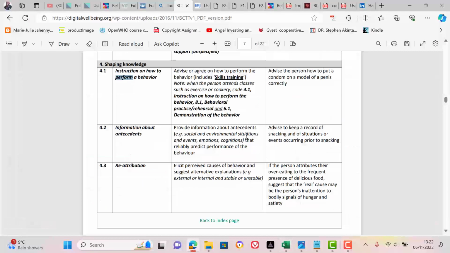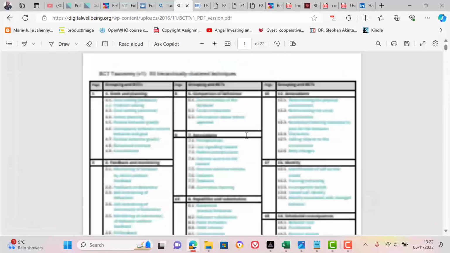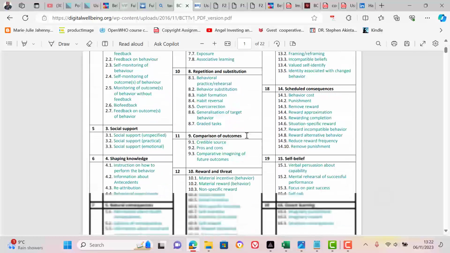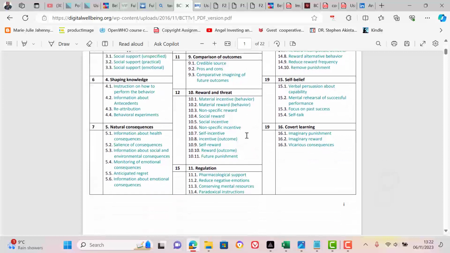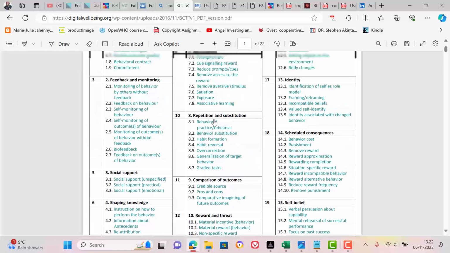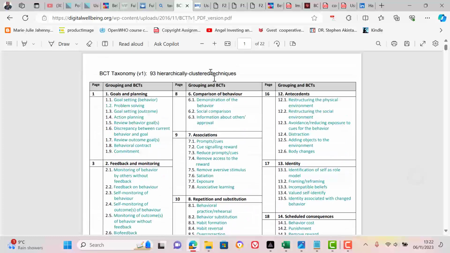The behavior change tool has a collection of 93 different techniques that are categorized into 16 different domains. Now based on the problem that you have identified, you can choose the specific technique that you want. So if the problem is they don't see it as a priority, for example, which is goal setting, which is under goals and planning.